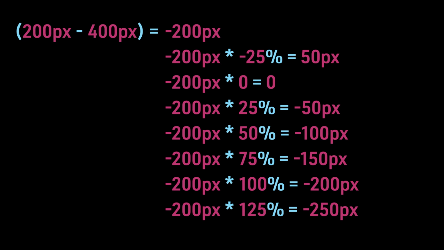If we multiply by 50%, we get minus 100 pixels. If we multiply by 75%, we get minus 150 pixels. And if we multiply by 100%, we get minus 200 pixels. And finally, if we multiply by 125%, we get minus 250 pixels.